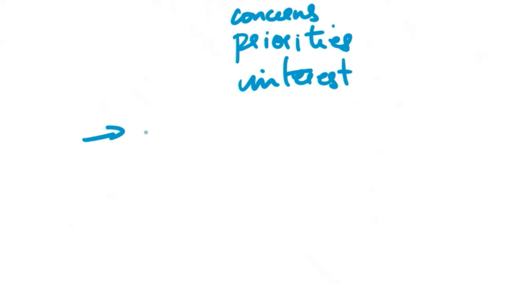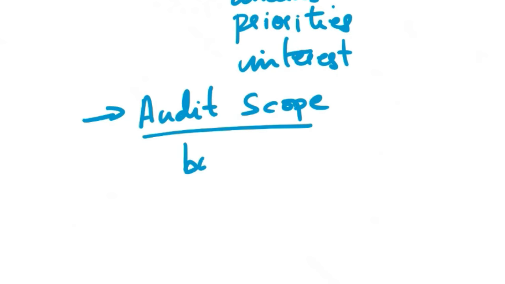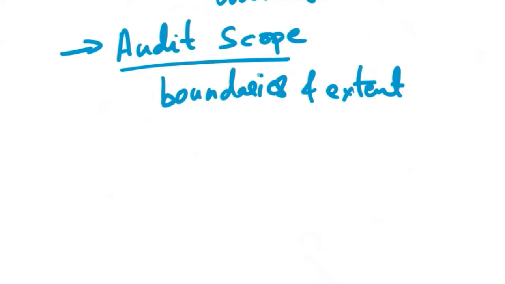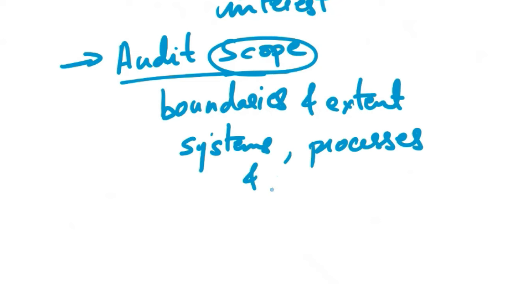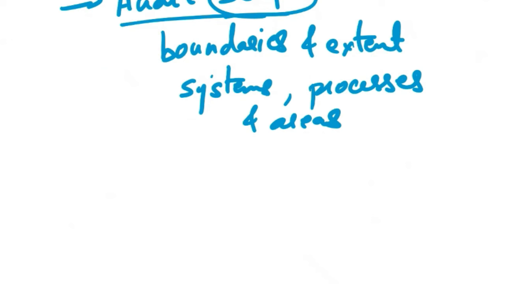The next step is to define the audit scope. Here you determine the boundaries and extent of the audit. Let's see some of the items that the audit scope should specify. First, the systems, processes, and areas of the organization that will be included in the audit.